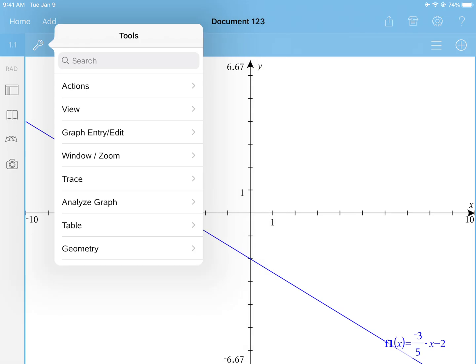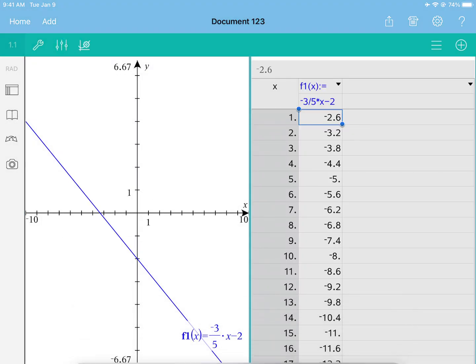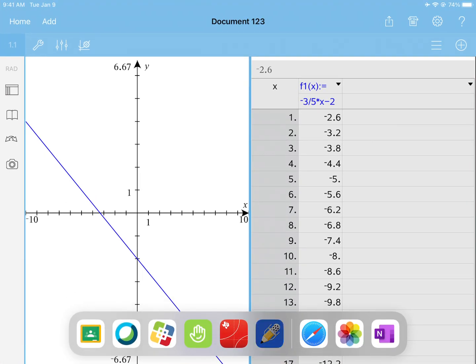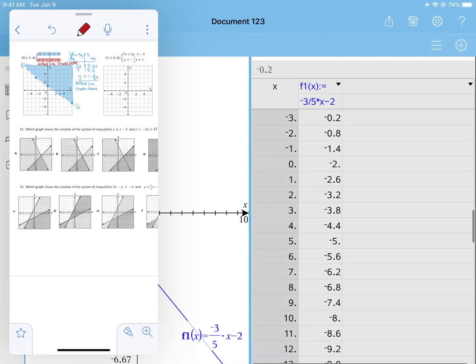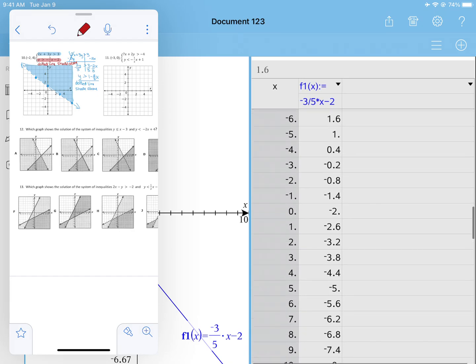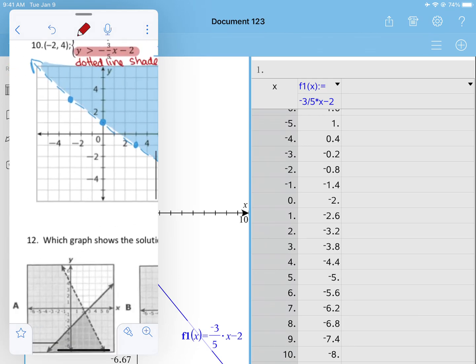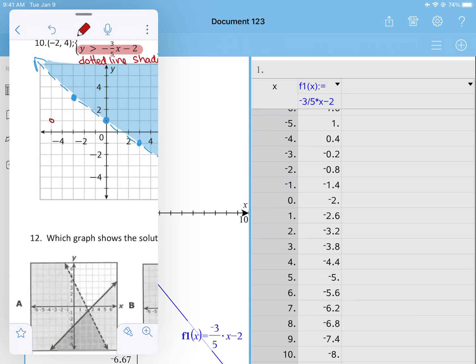Enter. Menu, table, split screen table. So it looks like I'm going to start at -5, +1. Zero, -2.